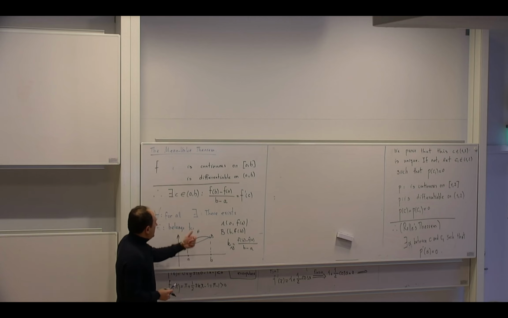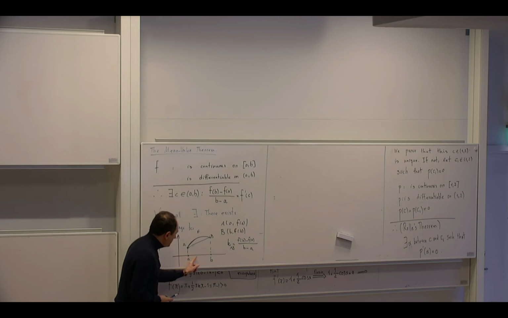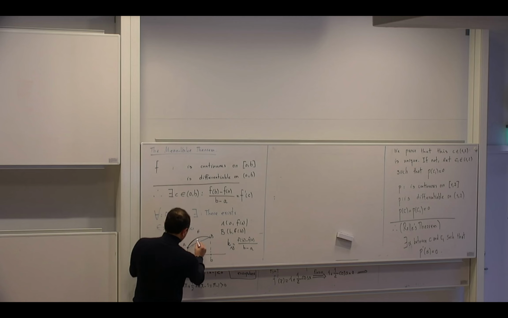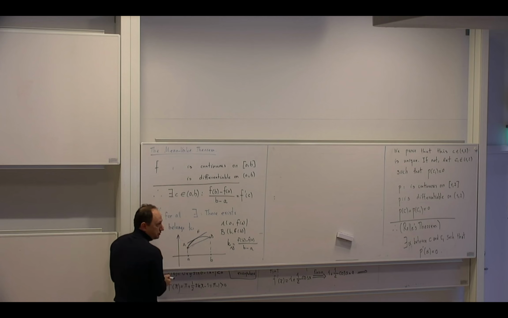But now the theorem claims that if you do it in a continuous differentiable way, you can find at least one point here so that the derivative at this point is equal to this. And I hope that you agree with me. Somewhere here, if I draw a tangent line, this tangent line will be parallel to this blue line.